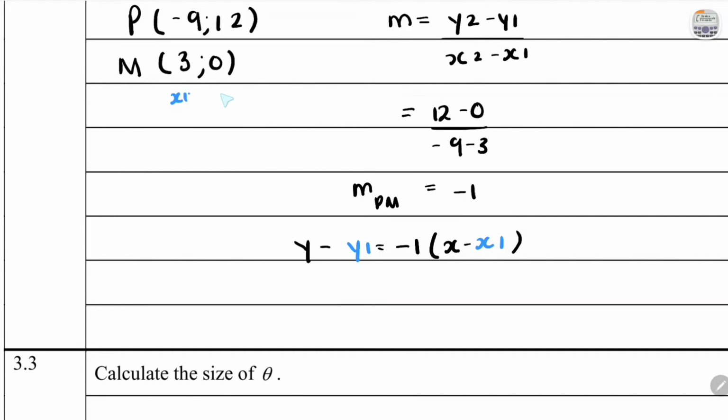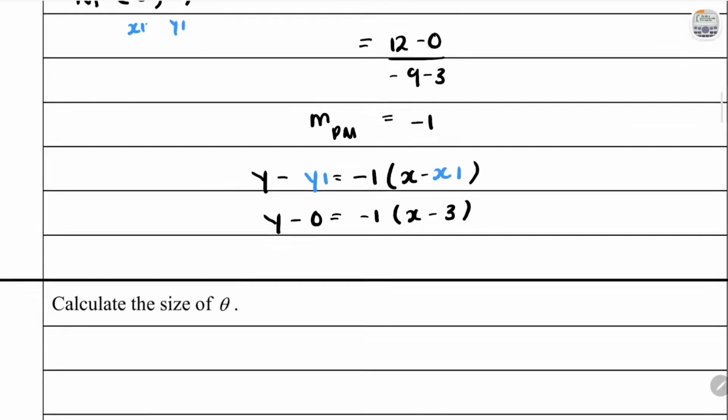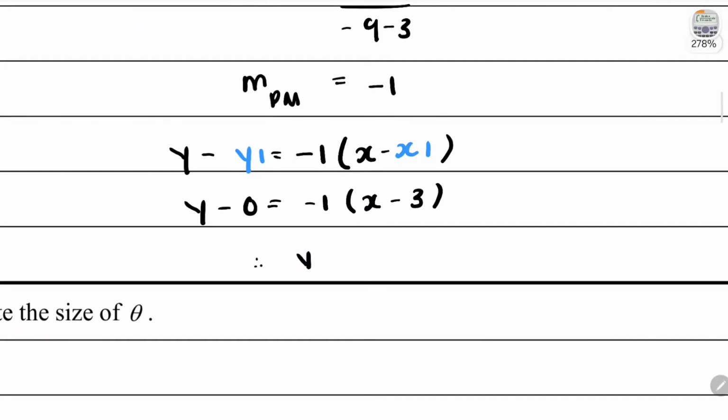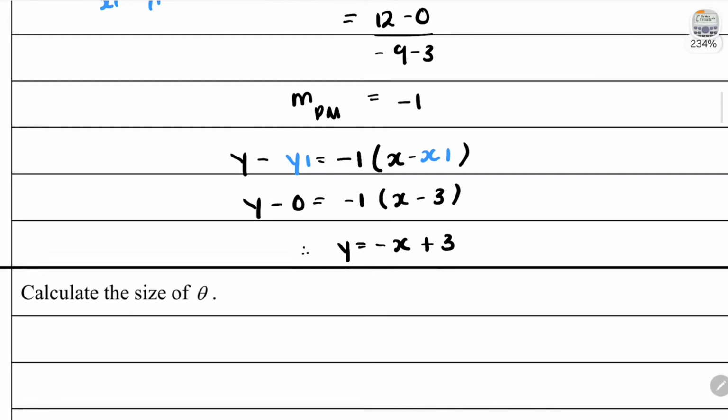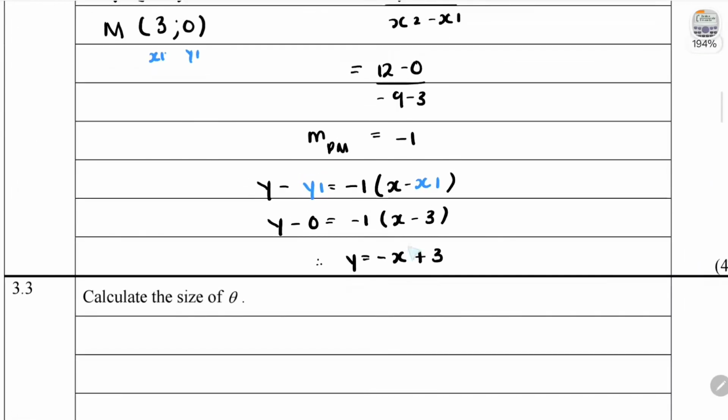So y minus 0 equals negative 1 multiplied by x minus 3. If we distribute, y is equal to negative x plus 3, and that is the equation of line PM, our answer.